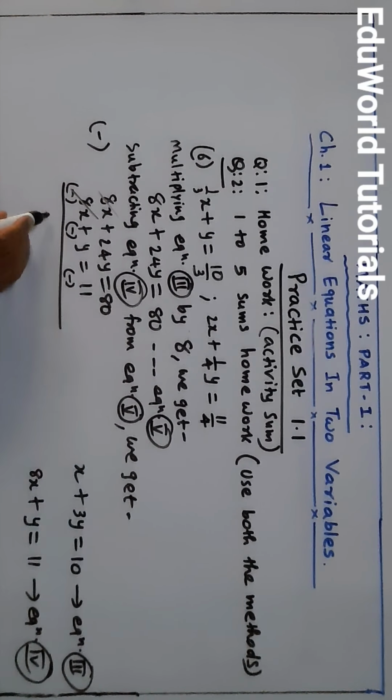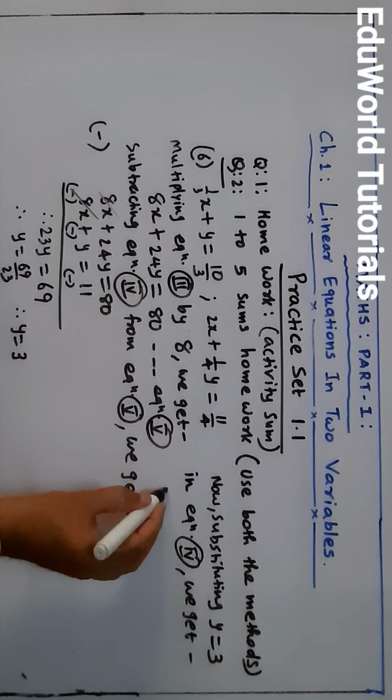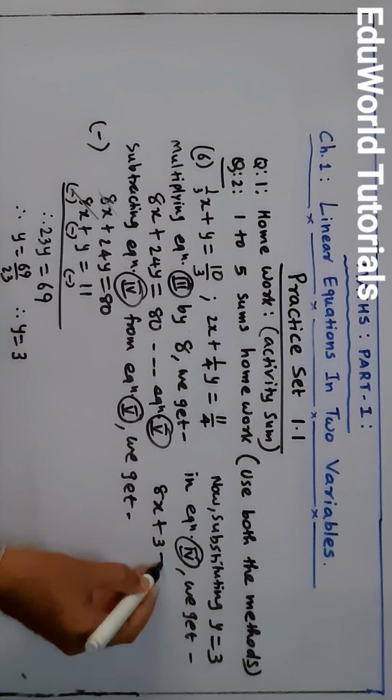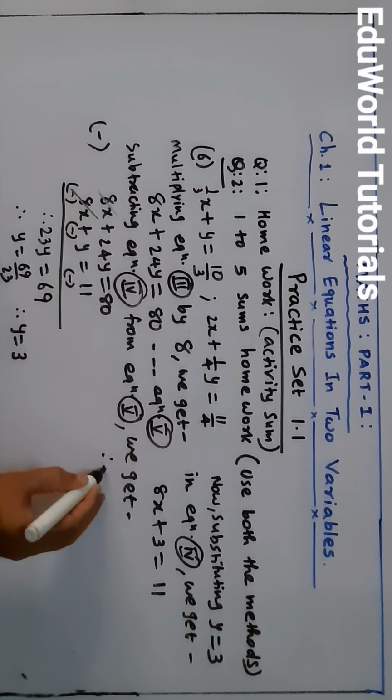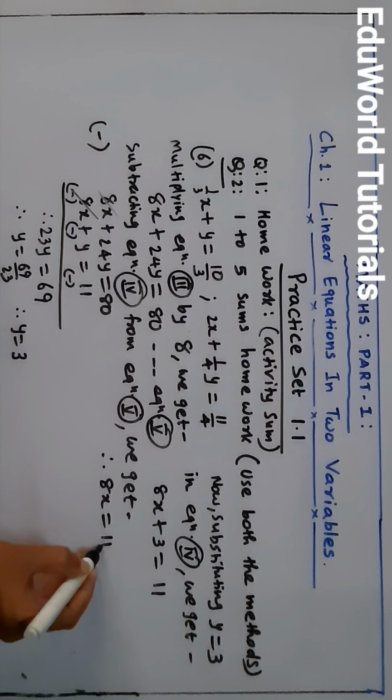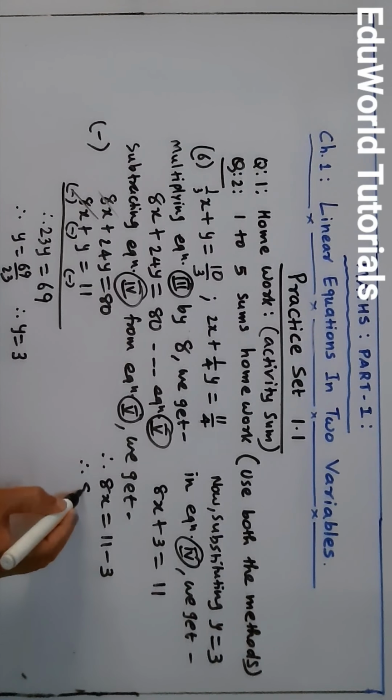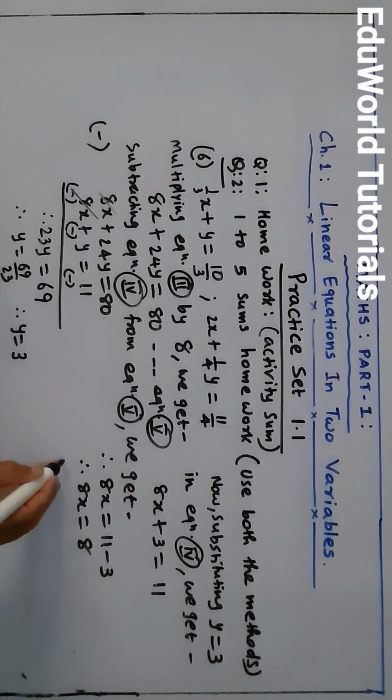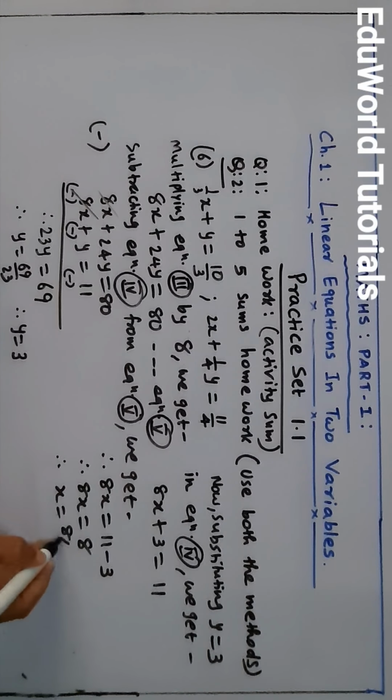In equation 4th, I have to put y equal to 3. So we get 8x plus 3 is equal to 11. Further solving, 8x is equal to 11 minus 3, so 8x is equal to 8. So finally x is equal to 8 upon 8, therefore x is equal to 1.